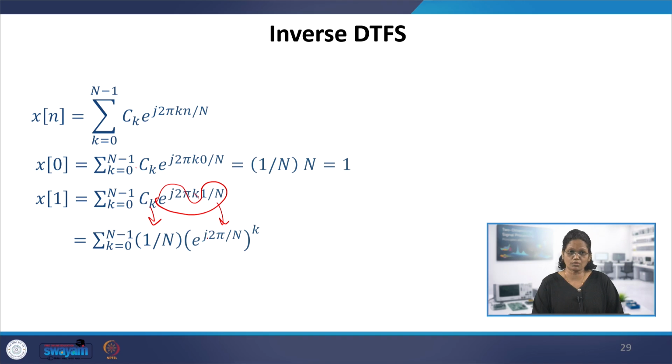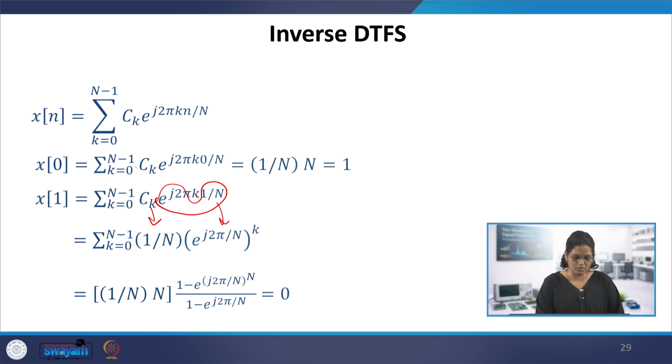To find the closed form solution, that is going to be 1 by n into n, 1 minus a power n, because this limit is up to n minus 1 only, n minus 1 plus 1. So this is going to be n, and 1 minus a, whatever this is, if this is a, going to be 1 minus a power n minus 1 plus 1. So this is how you end up with this. This is going to give 0, because 1 minus 1 is 0, x of 1 is 0. So similarly for n equal to 2 and others, if you calculate, it is 0.